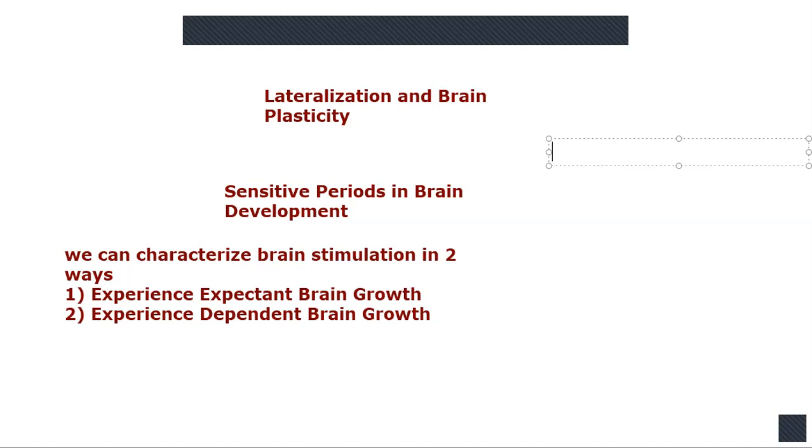This has been tested in multiple animal studies. It has been shown that when young kittens, a few days old, were deprived of light, put in a dark place for about 2 weeks, and later brought back to light, they showed signs of degeneration, signs of disruption in the visual centers.